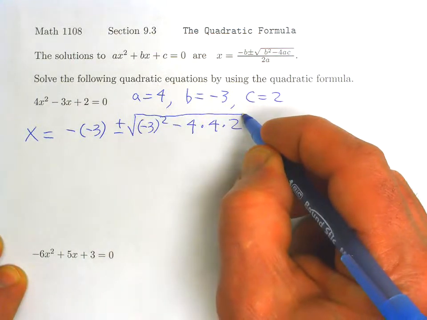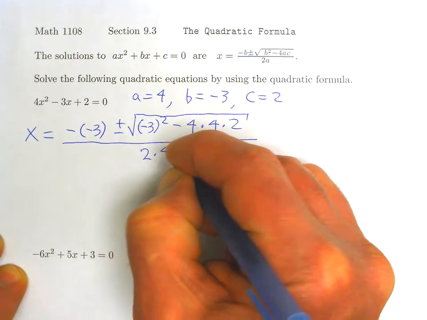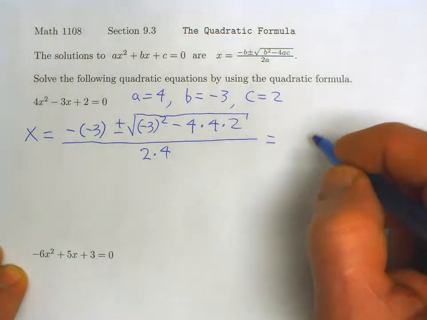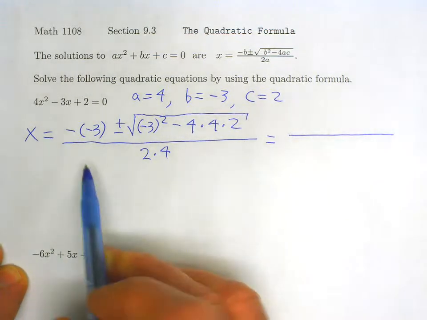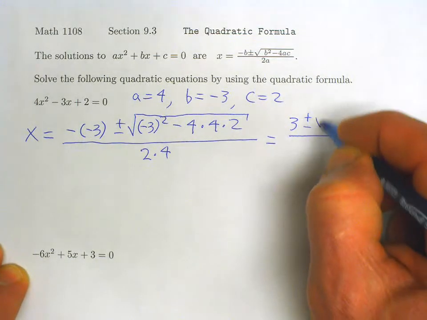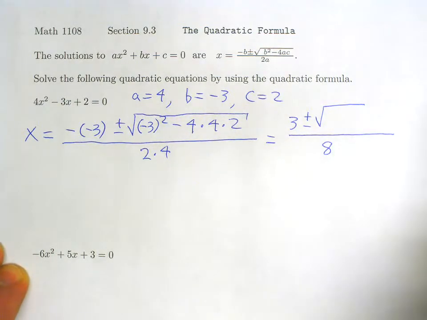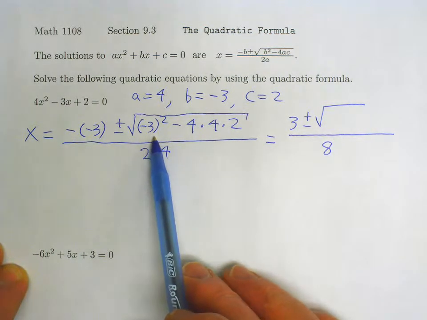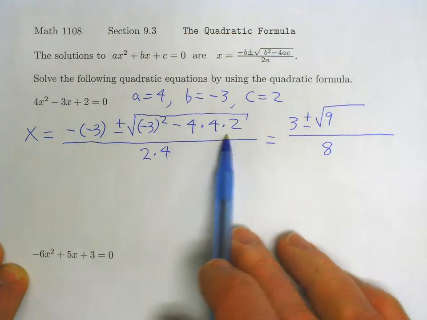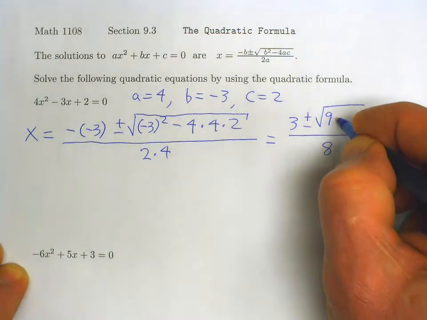All of that is inside the square root. And then we divide by 2 times 4. Then we just do the arithmetic. The negative of negative 3 is 3, plus and minus the square root of some number, and in the denominator, 2 times 4 is 8. Inside the square root, the number negative 3 squared is 9, and we're subtracting 4 times 4 times 2. We're subtracting 32.